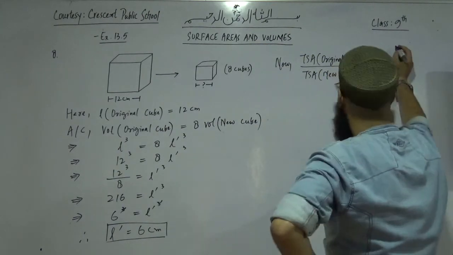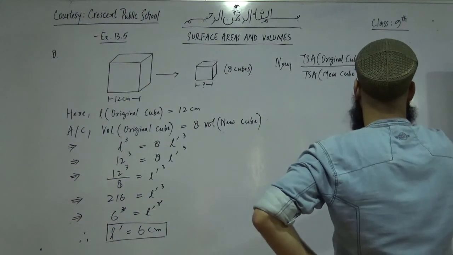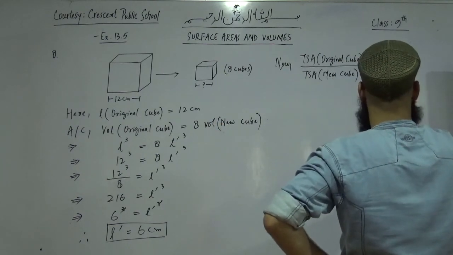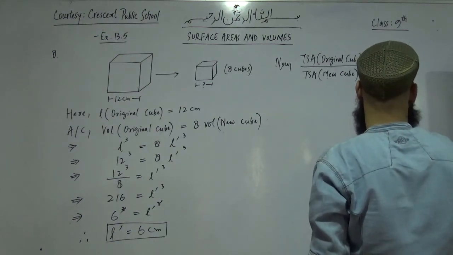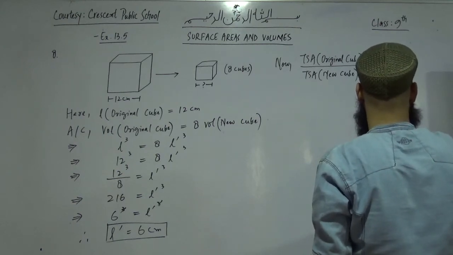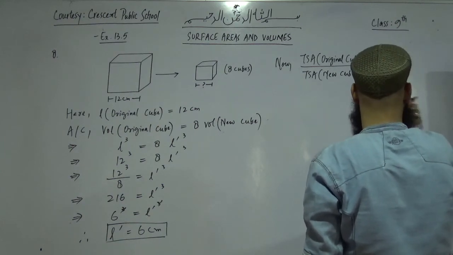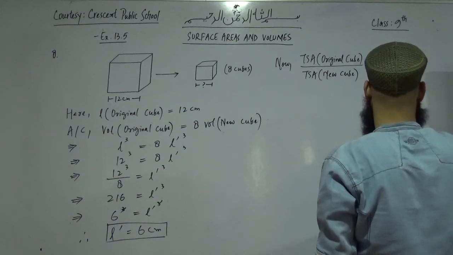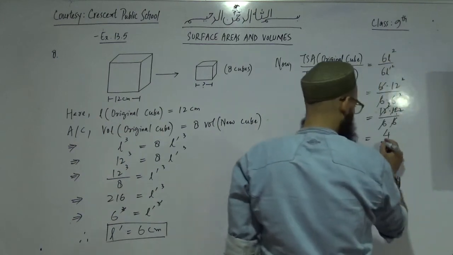Total surface area of a cube is 6L square, so 6L square divided by 6L dash square. That will give you 6 times 12 square divided by 6 times 6 square. Now 6 and 6 get cancelled. This is 12 times 12 divided by 6 times 6. 6 twos are 12, 6 twos are 12, so 2 twos are 4, divided by 1.